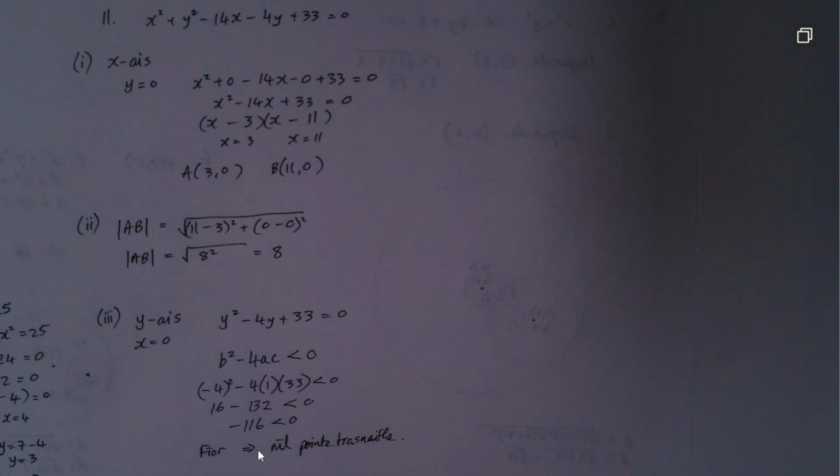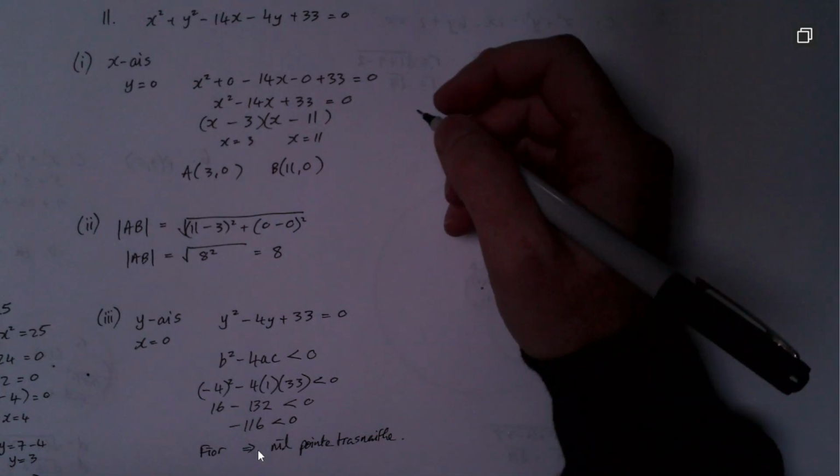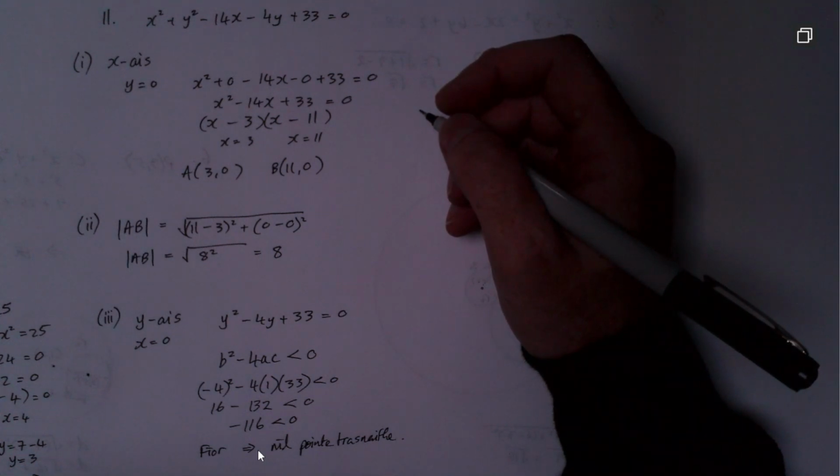Listen. Show that the line is a tangent to the circle.